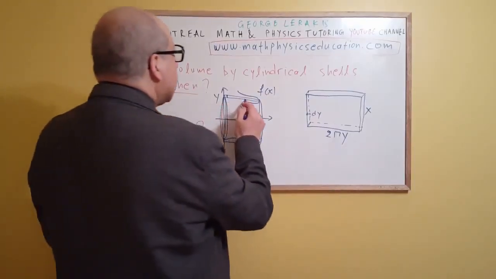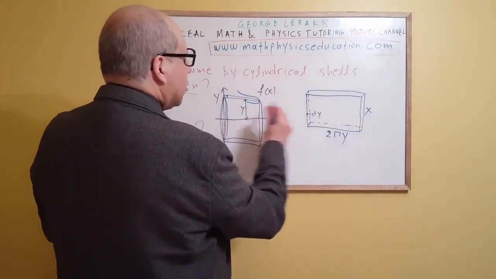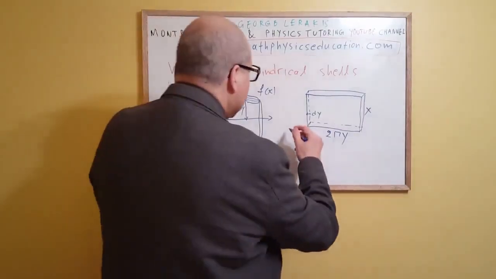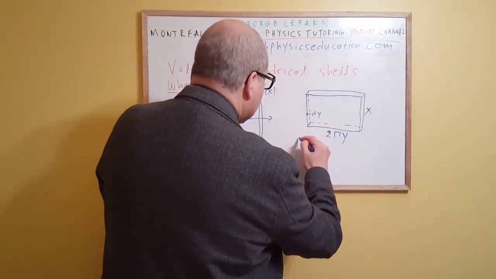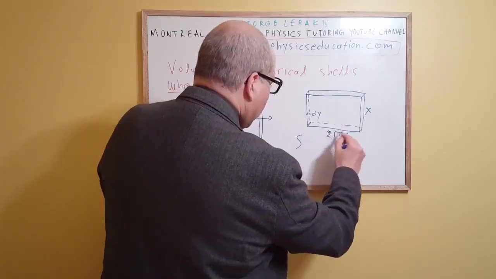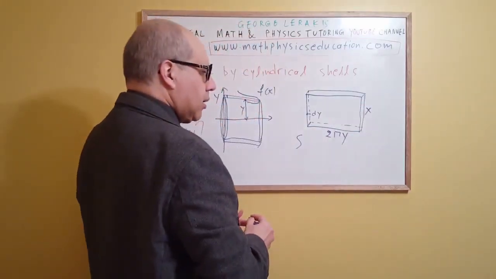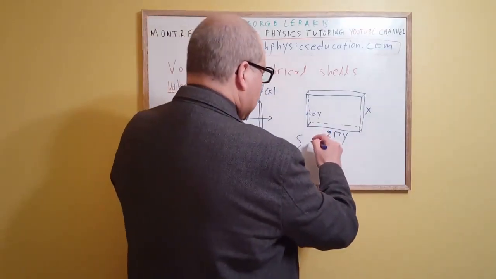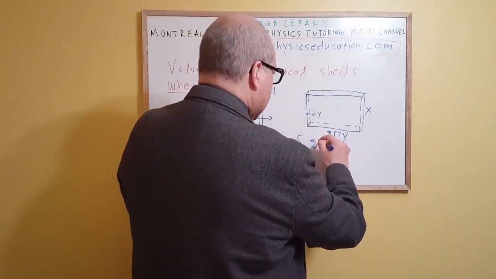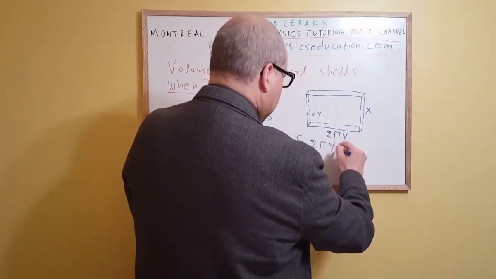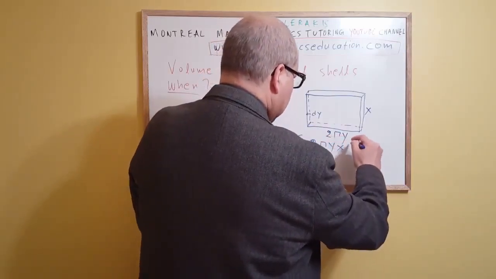And of course, in this case, because we're talking about a summation, that will be the integral of all of these small parallelepipeds that we said have volume 2 pi y, x.